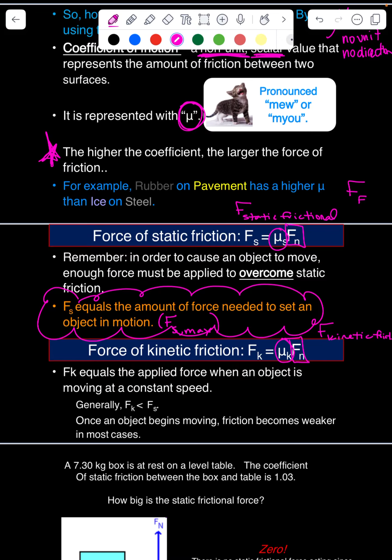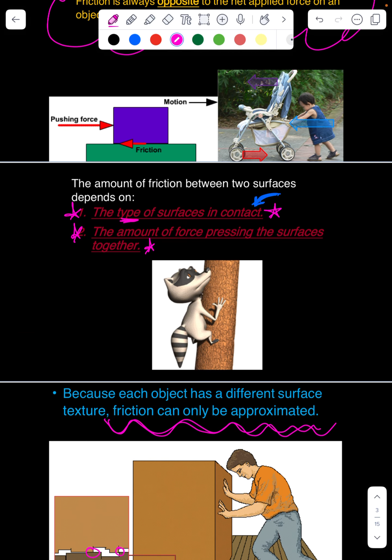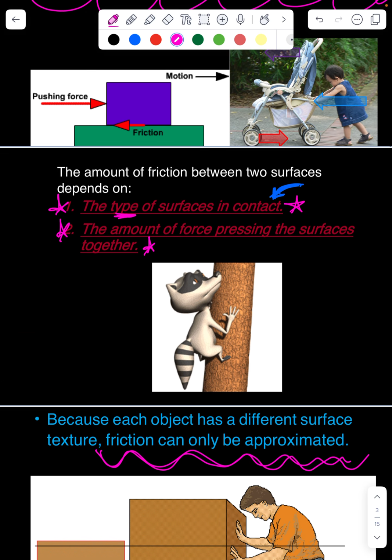So remember, what are the two things that determine the amount of friction between two surfaces? The type of the surfaces in contact, which is determined by our coefficient of friction, and the amount of force pressing those surfaces together.